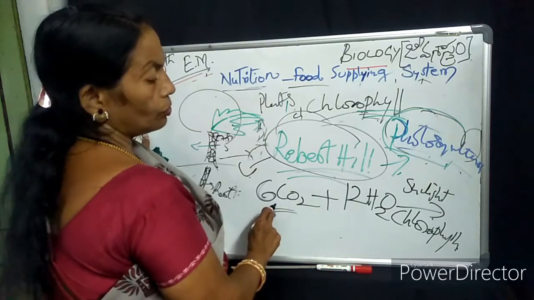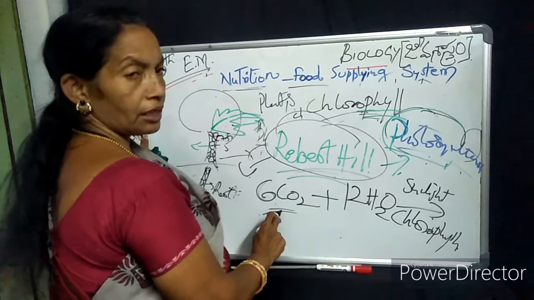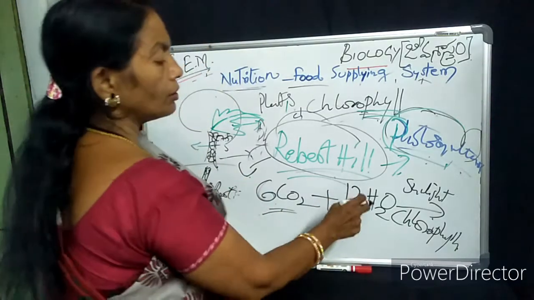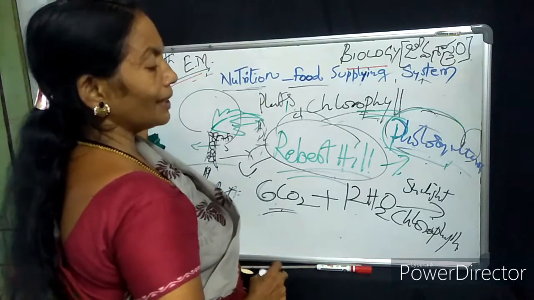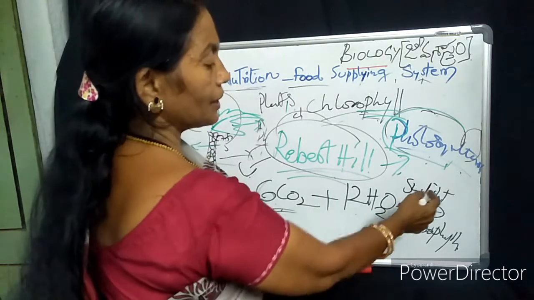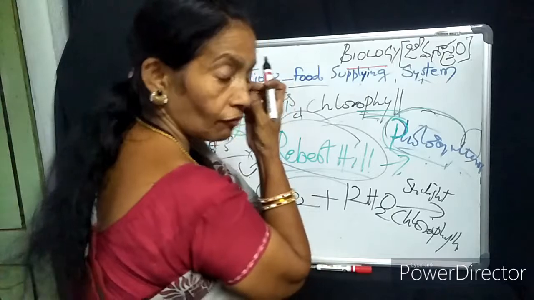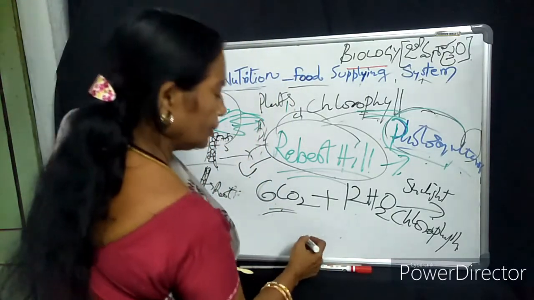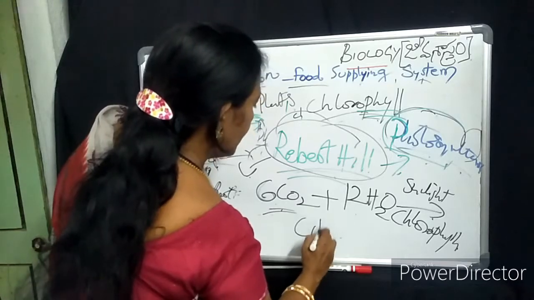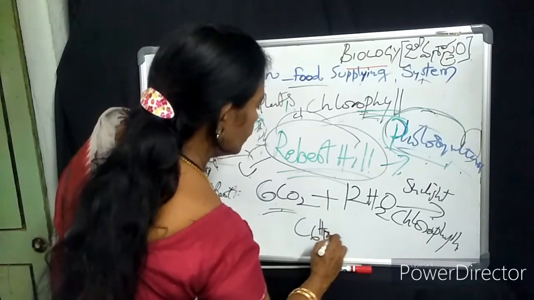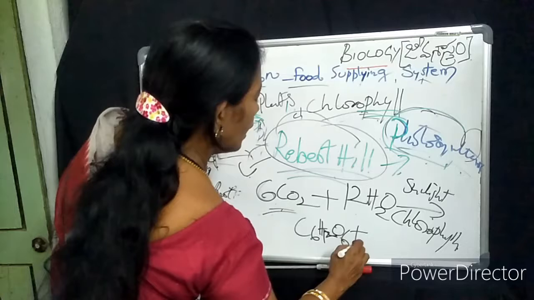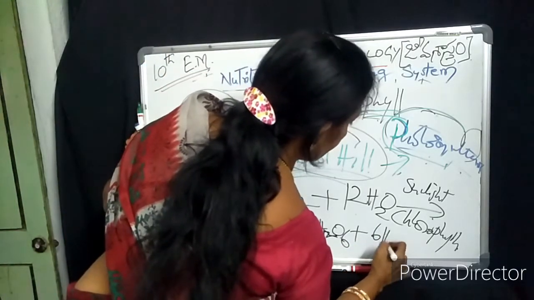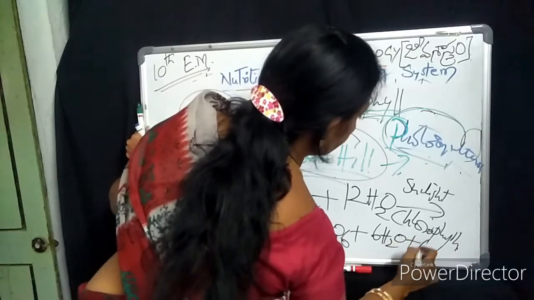So 6 CO2, that means 6 molecules of CO2, reacts with 12 molecules of H2O, in the presence of sunlight, with the help of chlorophyll. In the chlorophyll, what happens? C6H12O6 and 6 H2O, 6 O2.